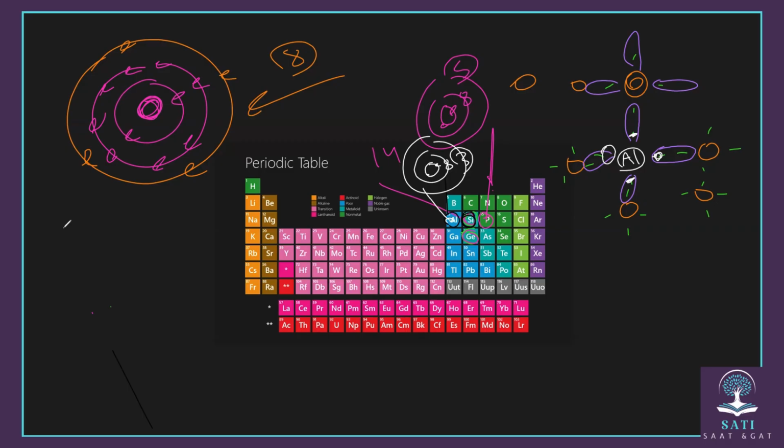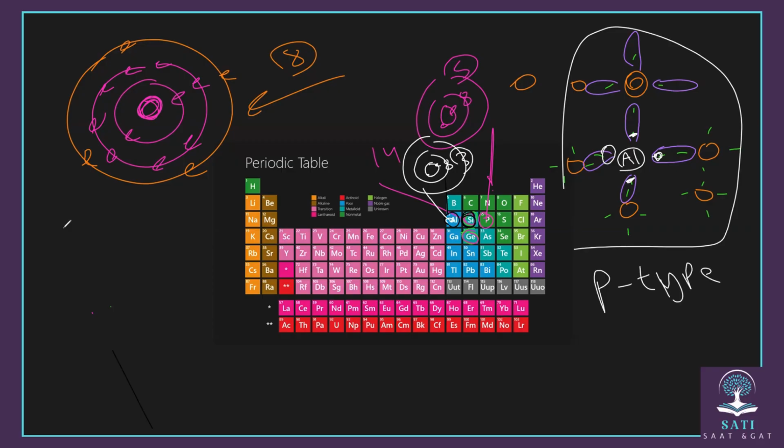So in this case this one will be called positive type, and what conducts electricity here? The holes. Imagine you have too many holes in this alloy. It can conduct electricity by the movement of holes. So this one we call P type.